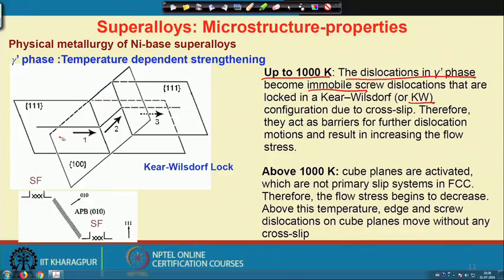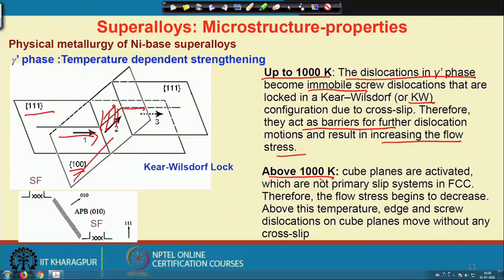Here these are the dislocations and there is a cross slip, and I have an APB here, the antiphase boundary, and they become immobile because of this cross slip. These are the cuboidal planes, and the dislocation is moving in the 1-1-1 plane. So this Kerr-Wilsdorf configuration acts as a barrier and increases the flow stress.